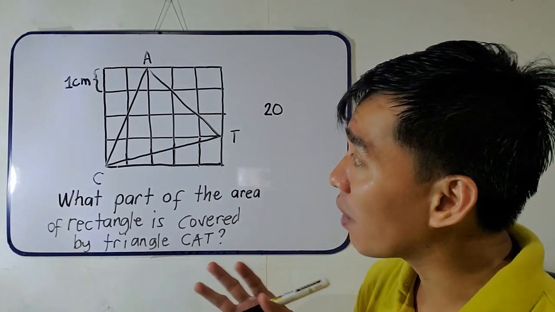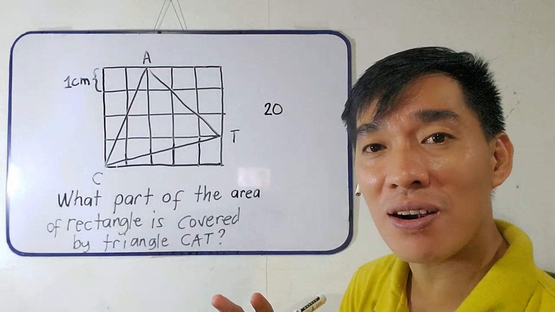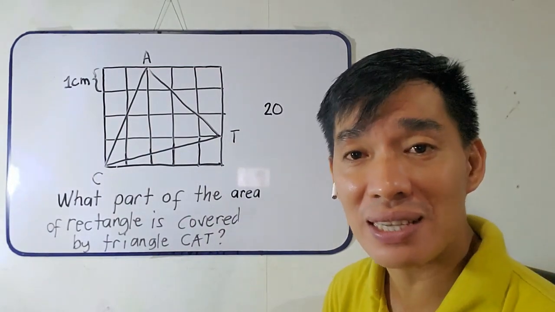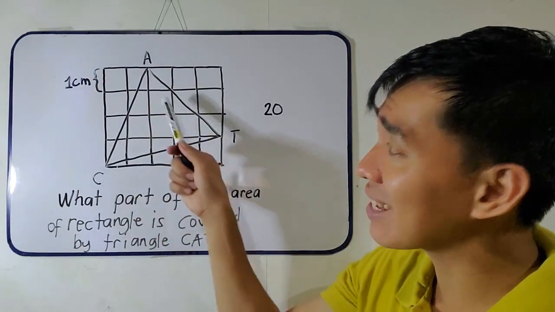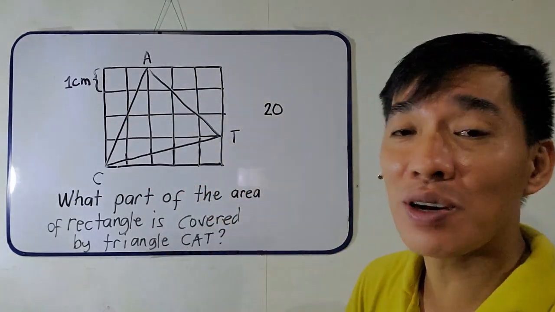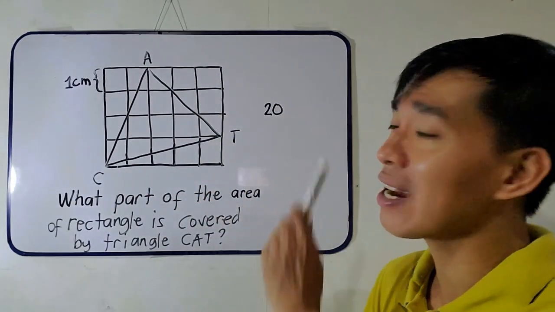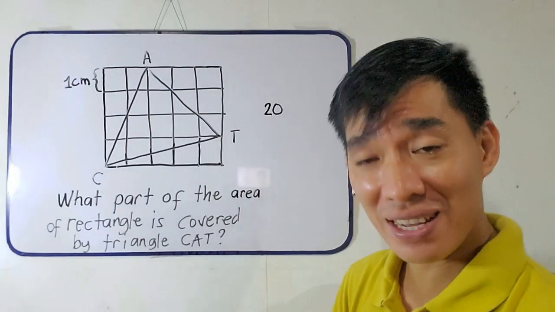So this problem could also be solved using the thinking outside the box heuristic. And how do we do that? Instead of counting the squares inside the triangle, why not count the squares not covered by the triangle and subtract it from the area of the rectangle?